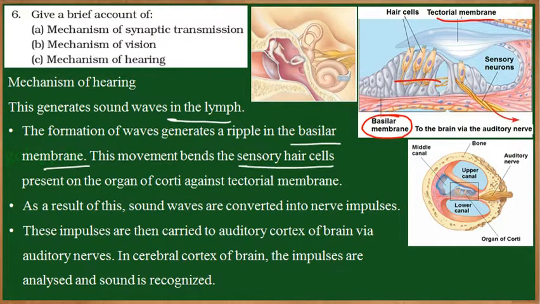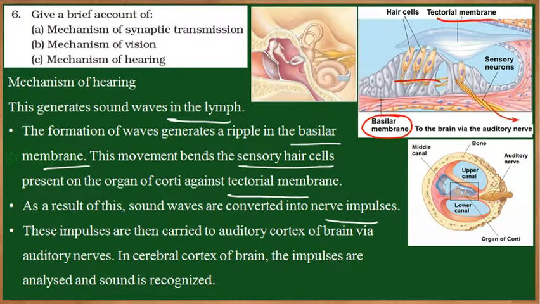As the sound waves reach the basilar membrane, the hair cells, that is the sensory cells, bend and touch the tectorial membrane. When they touch the tectorial membrane, the sound waves are converted into nerve impulse. That means there is a change in the membrane permeability and the action potential is generated.